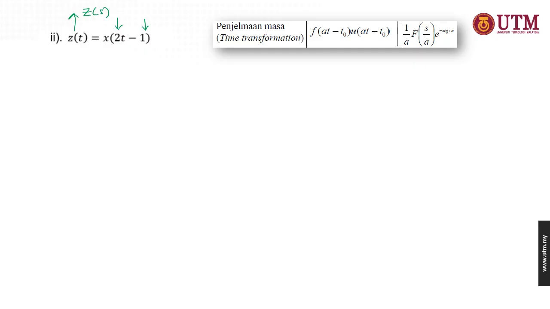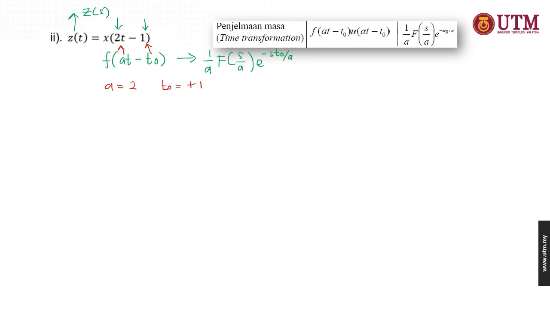So in this case, it is equal to f(at minus t naught), which will produce 1 over a F(s divided by a) e to the minus s t naught divided by a. So from here you can get your a. In this case, your a is equal to positive 2 and your t naught equal to positive 1.